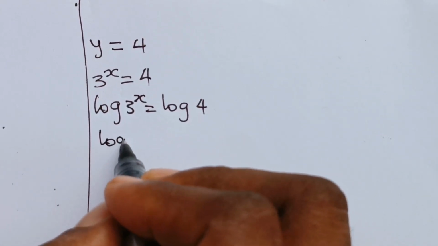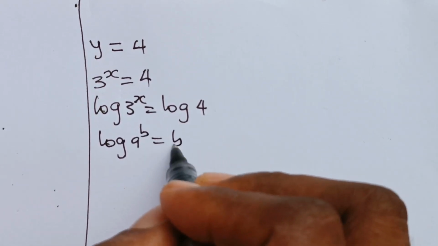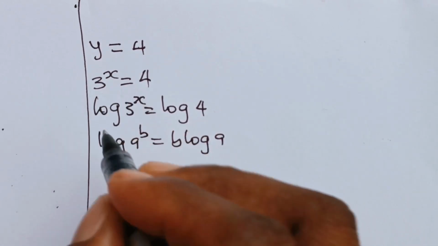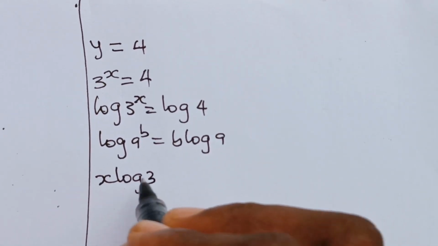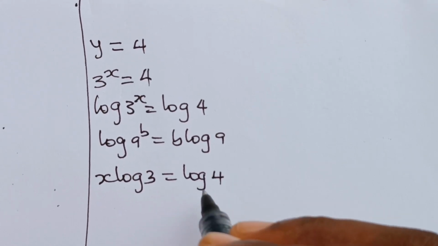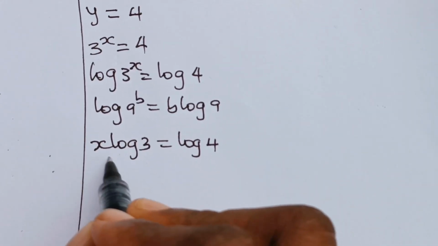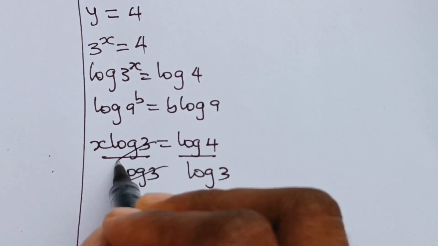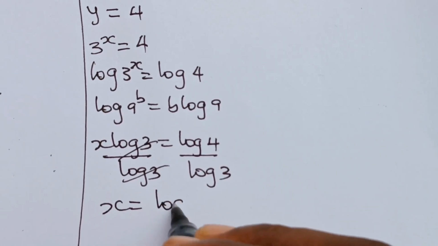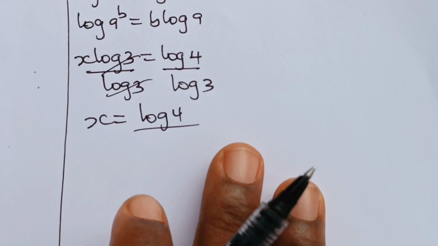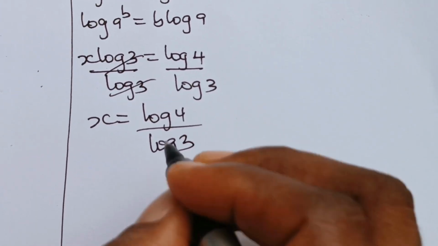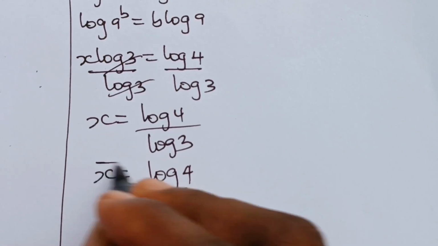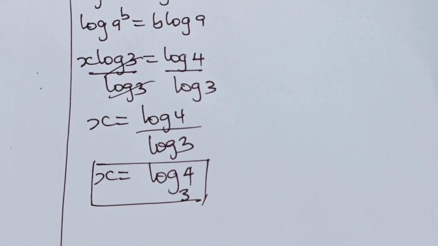Now when you have log a to the power of b, this is equal to b multiplied by log a. So that means this x will come down to multiply log 3 is equal to log 4. Now to get the value of x, we divide by log 3, and we have that x is equal to log 4 divided by log 3, which can be written as log 4 base 3. Okay, so thank you so much for watching and bye.